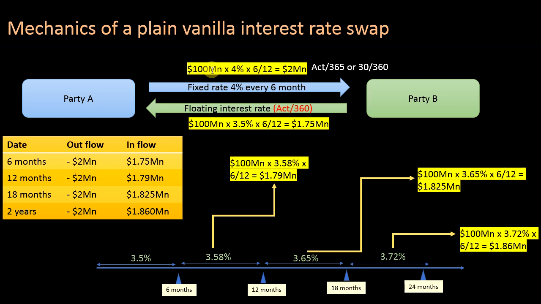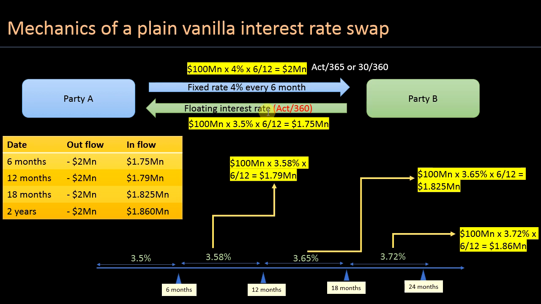So that's something important to remember, especially in a plain vanilla interest rate swap. Now later we will be discussing currency swaps where the notional is exchanged at the beginning and at the end of the swap. But in a plain vanilla interest rate swap, the notional is not exchanged. The notional is only used in order to calculate the interest payments.